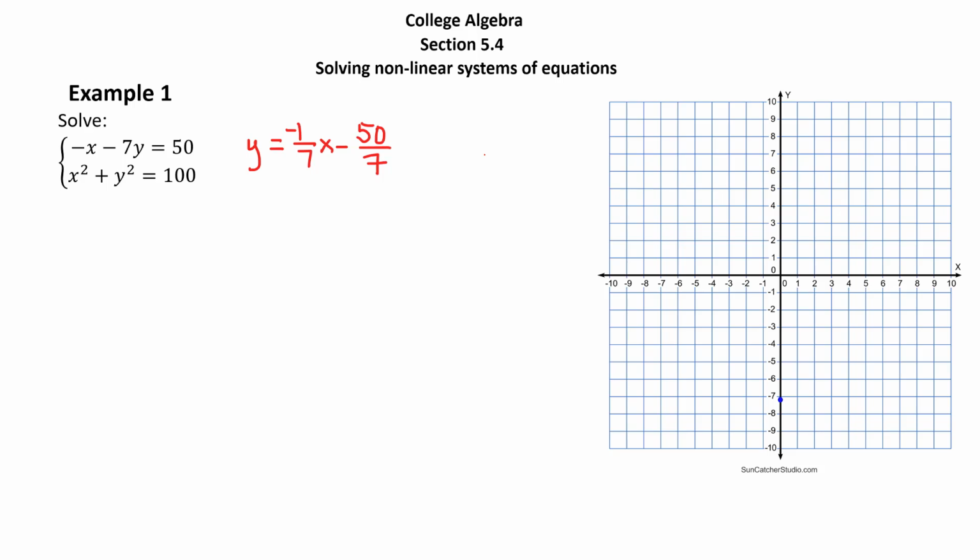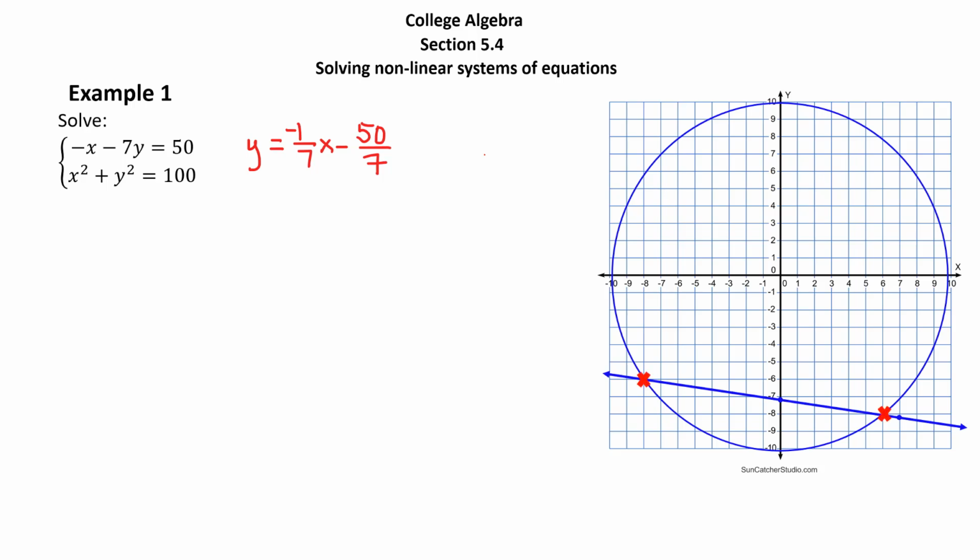And then if we go over 7 and up or down 1, we can find another point, and that's what that line looks like. And then the circle, as I said, is a circle centered at the origin with radius 10. So that's what that looks like. So there are two intersection points, and we will go ahead and find out what those are.